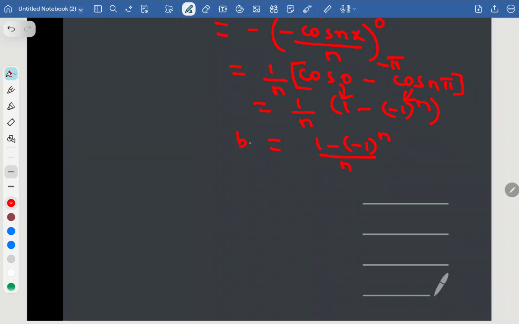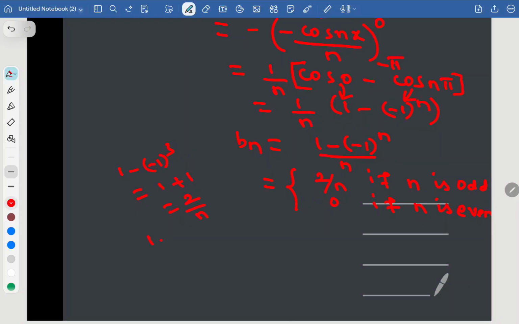Here also Bn, two cases. If n is odd, 2 by n. If n is even, 0. n is odd means minus 1 power 3, 1 minus of minus 1 power 3, 1 plus 1, that is 2 by n.